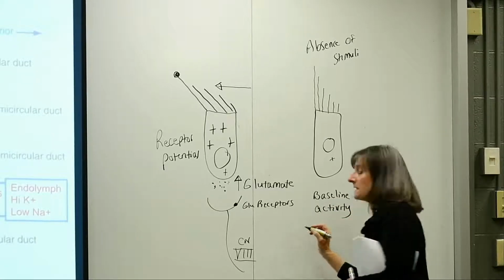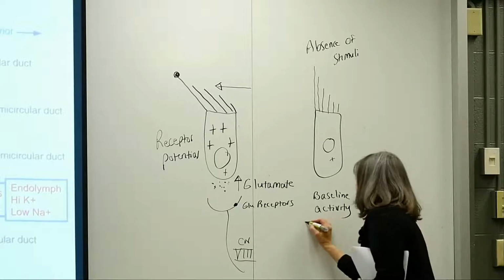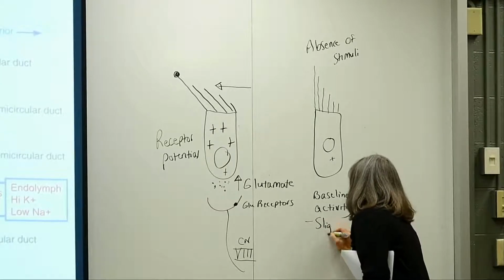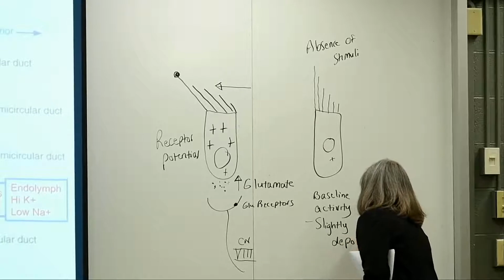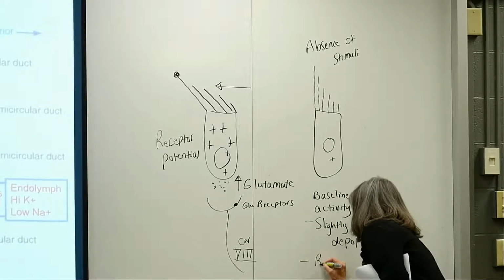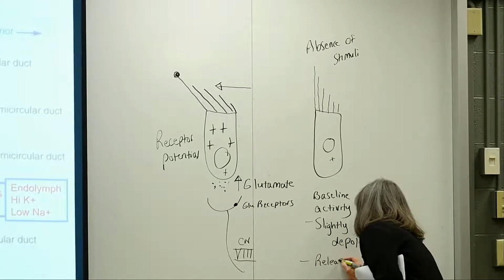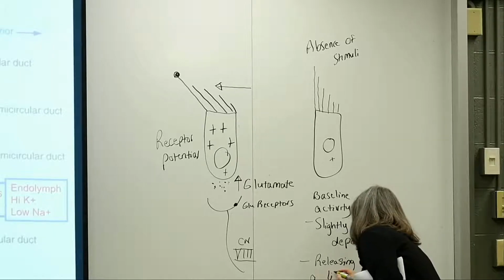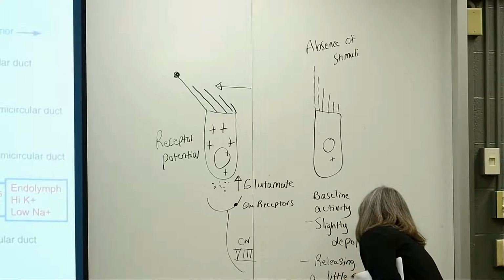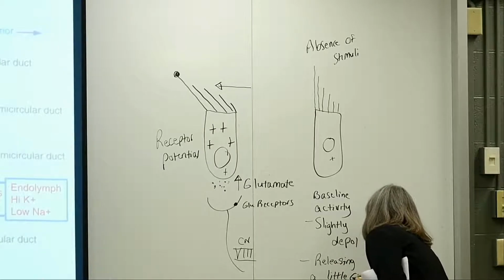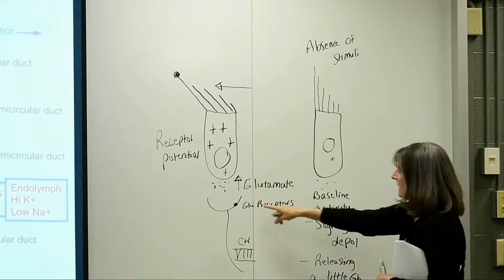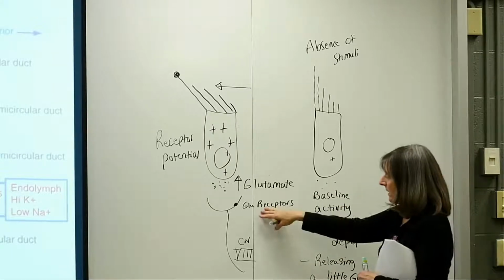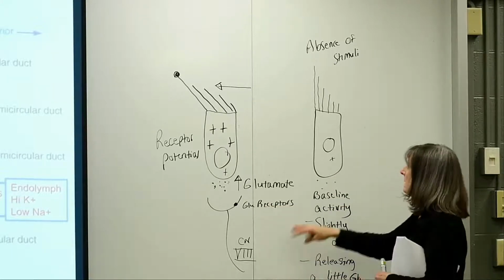So that means it's slightly depolarized at rest, and it's going to be releasing a little bit of glutamate. Okay, so we're going to draw a couple little dots in there. And again, it's going to go on and contact the glutamate receptors on cranial nerve 8.